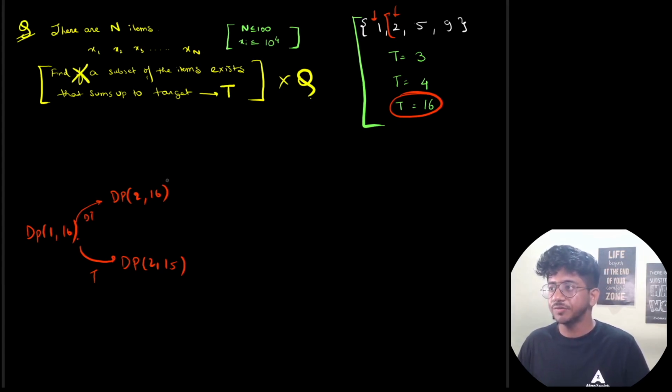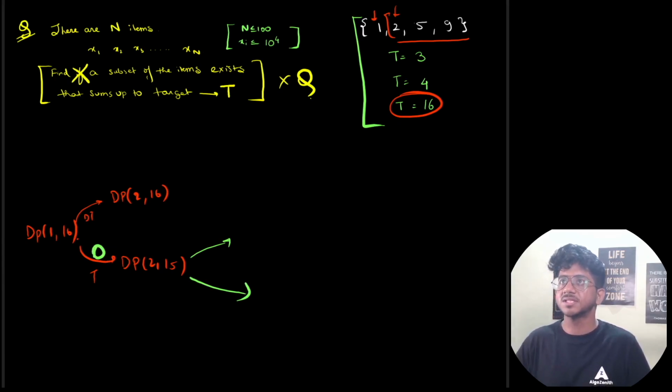Then over here we know that if you have to create 15, you cannot do it with these items. So I'm just going to assume that this is going to make some more calls over here, but these are all going to return false. This is not going to be possible, so this will return 0. But this side is going to explore more.